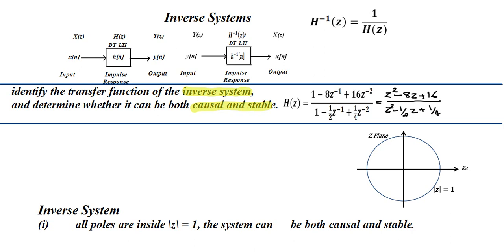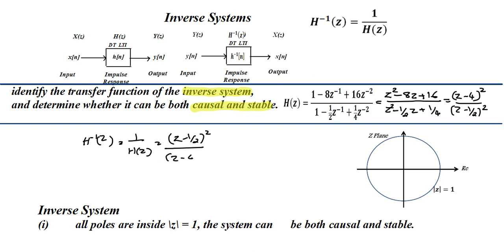If you factorize this, it becomes (z − 4)² / (z − 1/2)². Now we need to find H inverse of z, which is 1/H(z). So the system becomes (z − 1/2)² / (z − 4)².